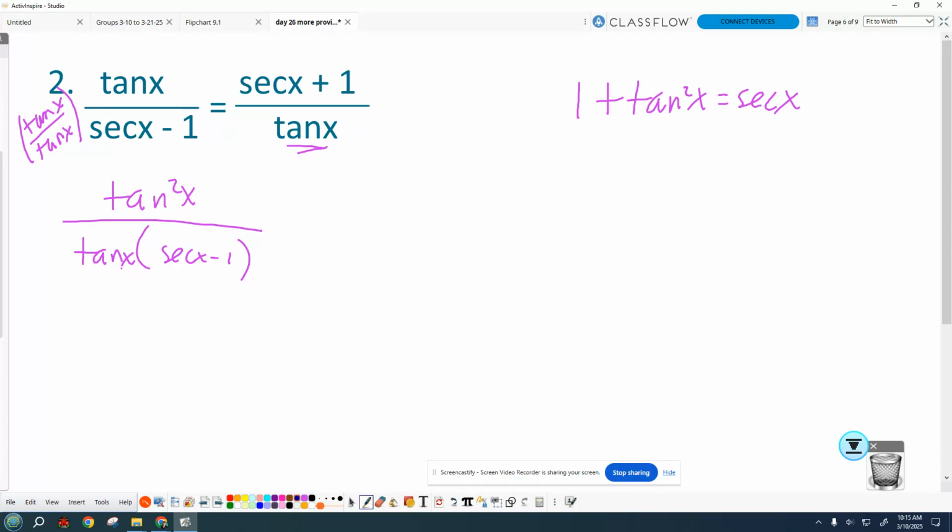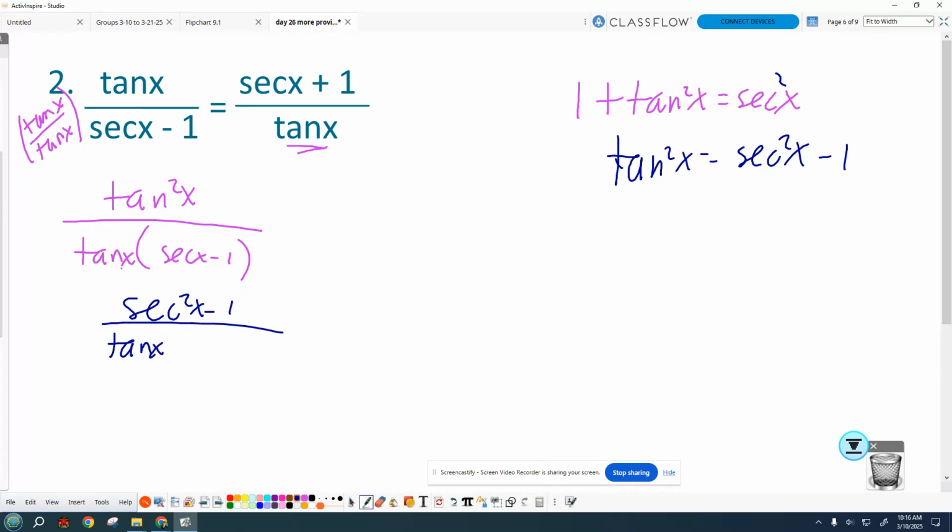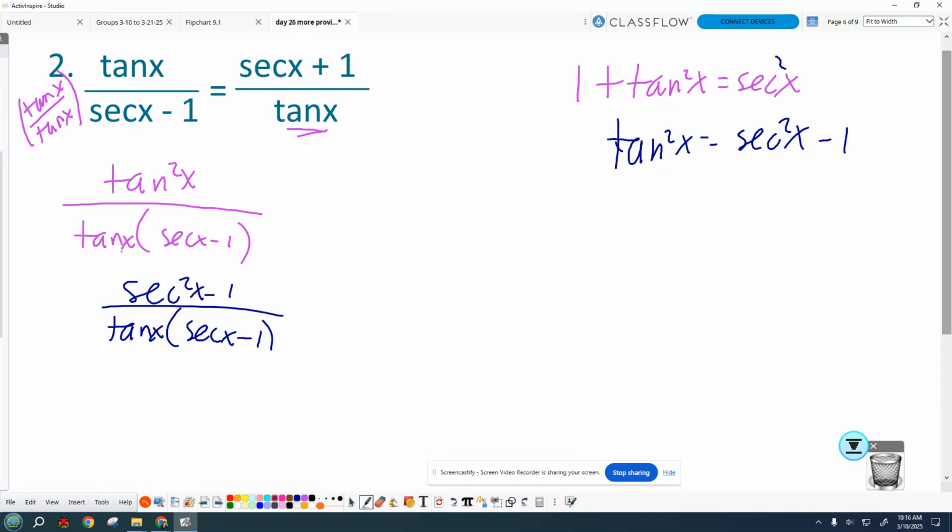So, multiplying by tangent over tangent, we get here. What does tangent squared equal? Secant squared x minus 1. Okay, so I'm going to get rid of tangent squared. What can I do to the numerator? No, that's going backwards. Factor. How does it factor?